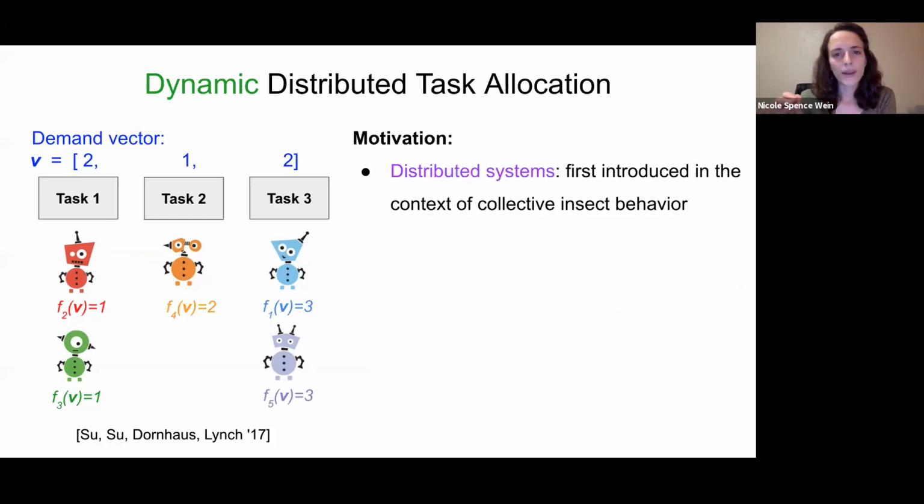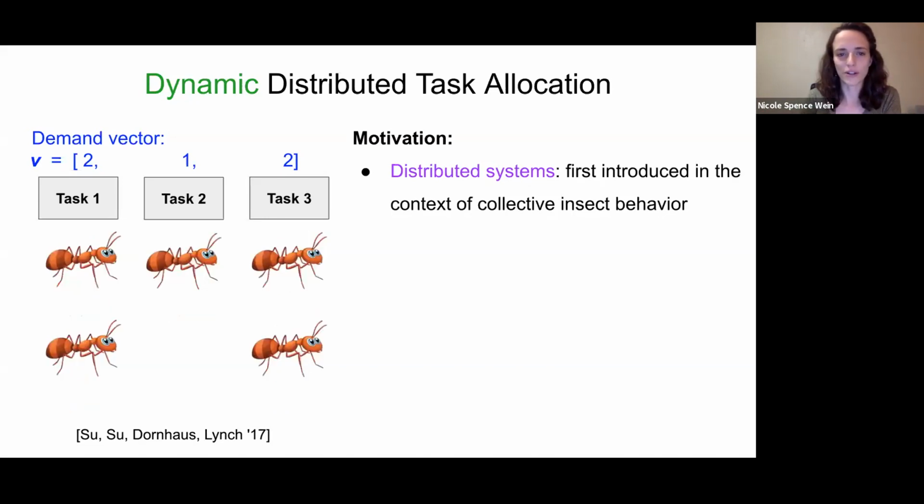So initially this problem was studied in a paper from 2017, and it was initially formulated in the context of collective insect behavior. So you can imagine that each agent is an ant, and in the ant colony you need to do a particular set of tasks, which may change over time. So this was the setting that it was originally introduced in.